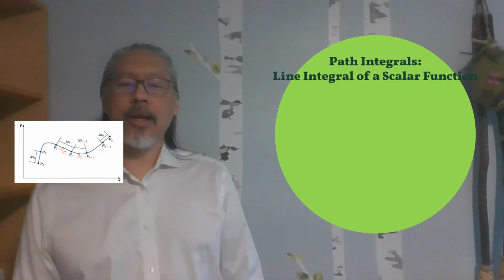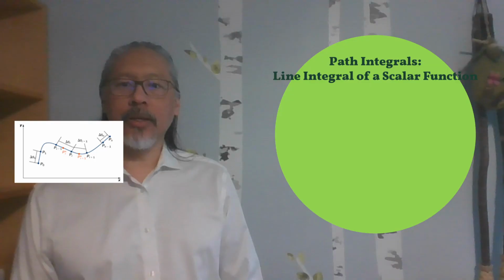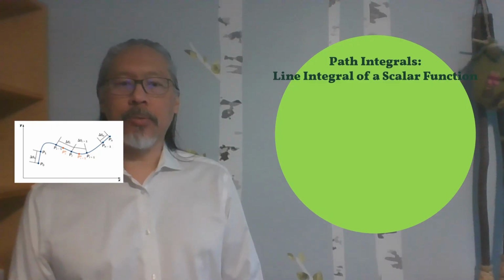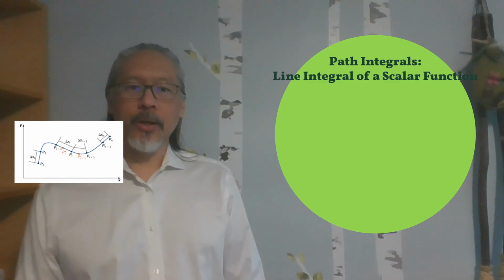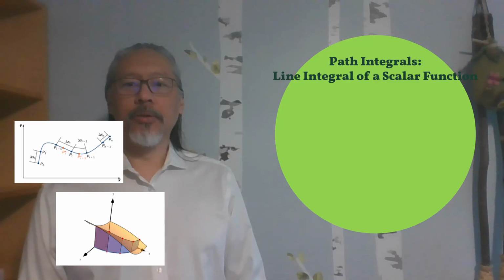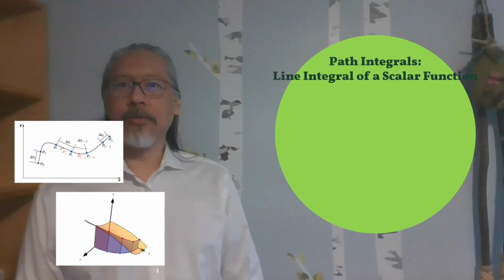By scalar function, it would just be a function of 2 or 3 variables. One can take a look at this geometrically as a curve that you're partitioning, and as you partition the curve, you take a sample point within the partition and you evaluate the particular scalar function there.